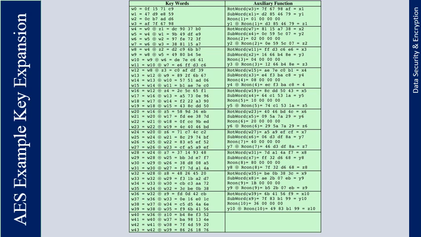So let's begin with the key itself serving as the round key for round 0. So we have W0 to W3, which is 4 words, and each word contains 4 values of 1 byte each, so 4 times 4 is equal to 16 bytes.